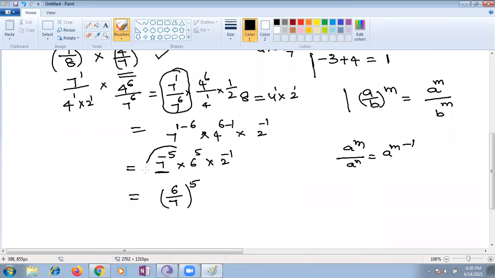Because this can be written as 7 power minus 5, and 7 raised to minus 5 can be written as 7 power positive 5 in the denominator. Both exponents are the same, so we can use a power m divided by b power m can be written as (a by b) whole power m. This is the way we can simplify.